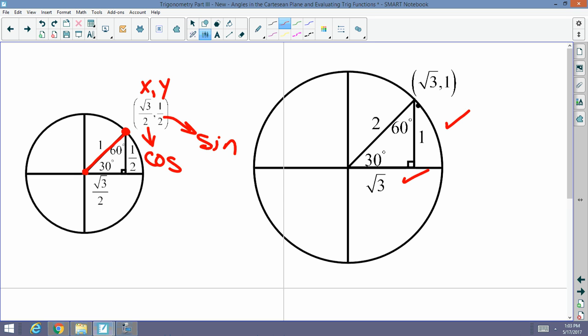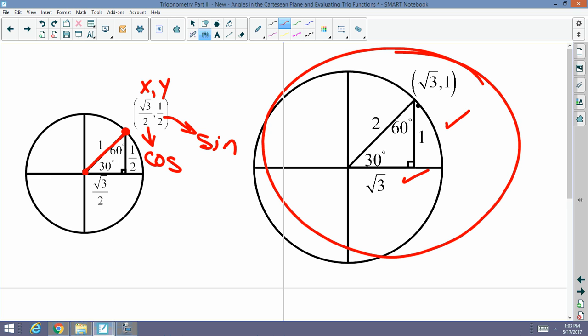So, just in case you were wondering, is this inside of a unit circle? No. Is this x the cosine? Is this y the sine? No. Is that on the unit circle? No. How do we get the values then of the cosine and sine if it's not on the unit circle? Go ahead and divide by the radius.